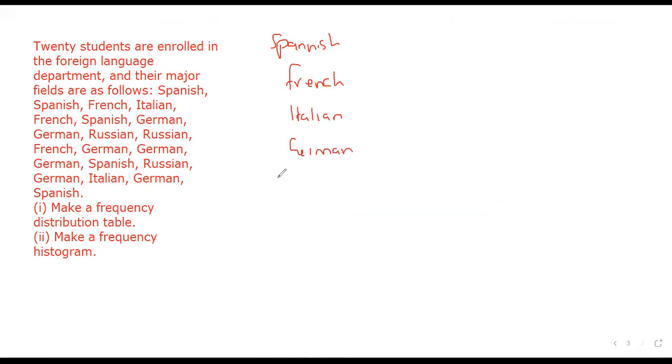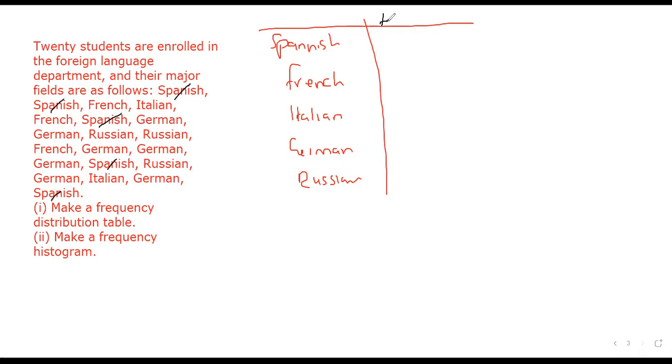Russian. Anything else? No. Nothing else. So let's count how many are Spanish. We can use black. 1, 2, 3, 4, and 5.